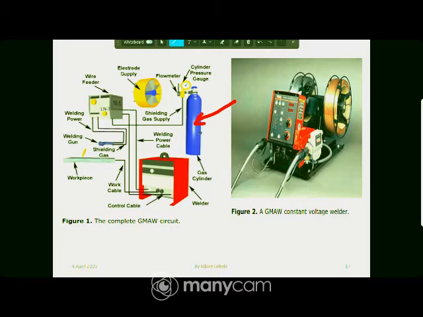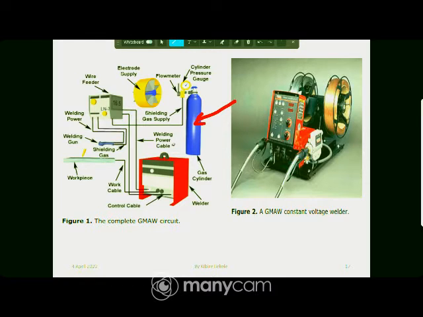If it contains an inert gas, we call it the MIG welding process, inert gas welding. For inert gas we have argon and helium, and carbon dioxide is the only active gas used for shielding the welding area.